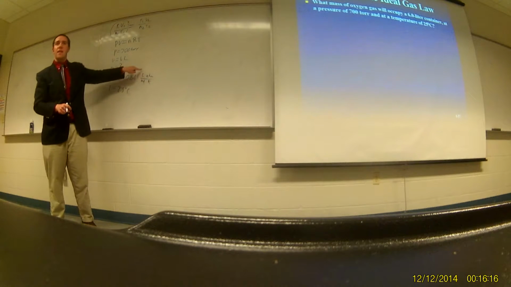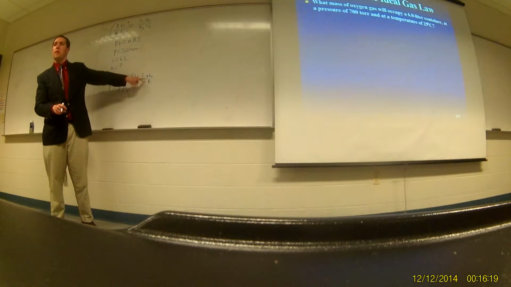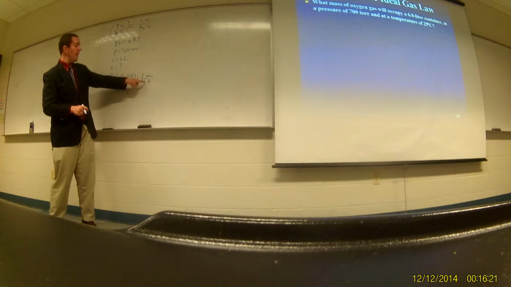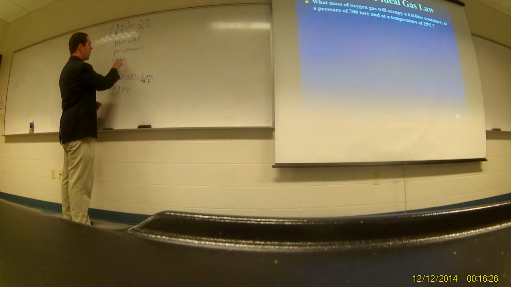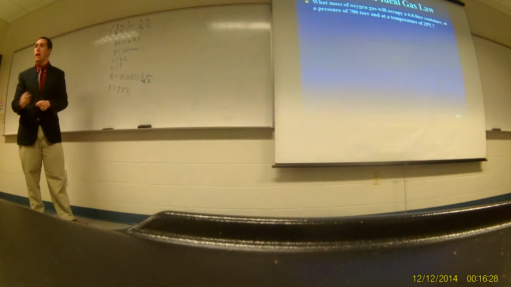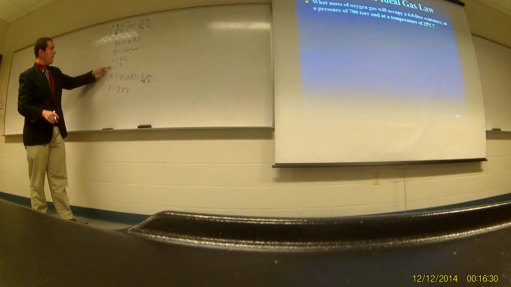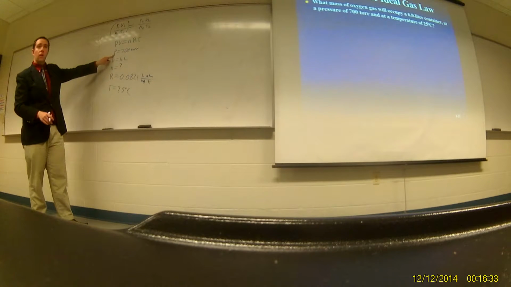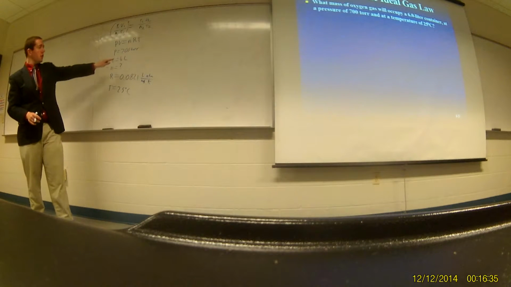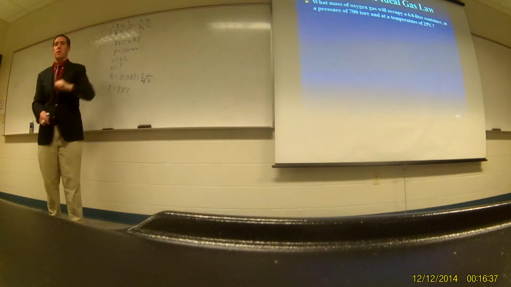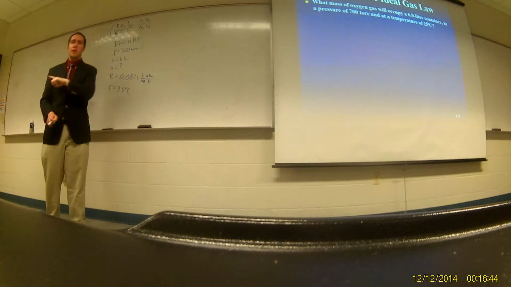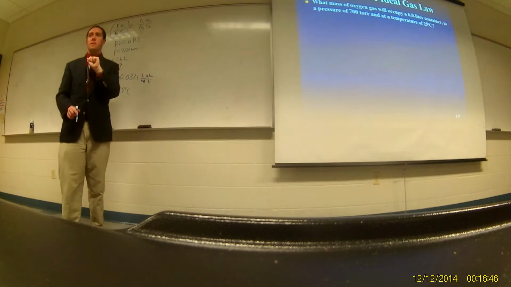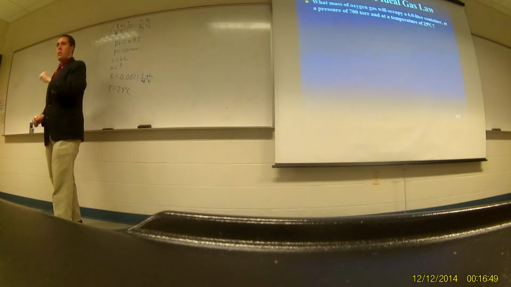If any of them are not those units, something is wrong. So we need to convert everything into these units. My volume is already in liters, so that's fine. Pressure is in torr. We need to convert pressure from torr to atmospheres. Do you remember how to do that? 760, yes. It's on your cheat sheet. 1 atmosphere equals 760 torr.